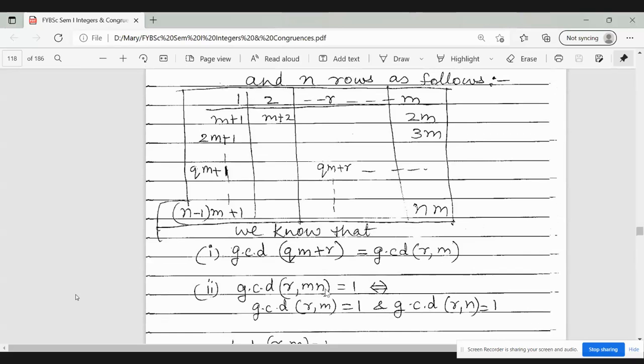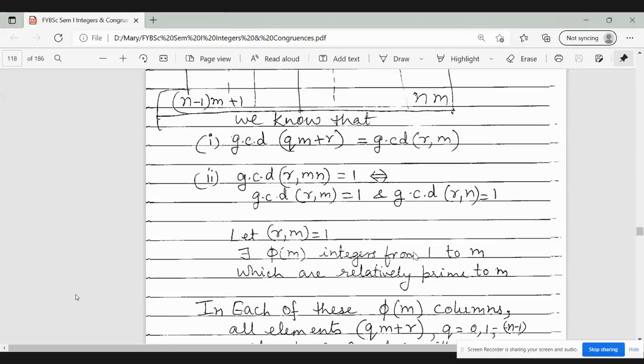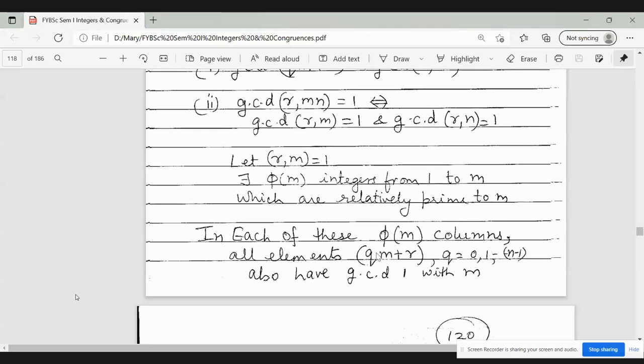And another thing is GCD of r with mn is 1 if and only if GCD of r with m is 1 and GCD of r with n is also 1. So if r with m, how many numbers have GCD 1? There are phi m such integers.